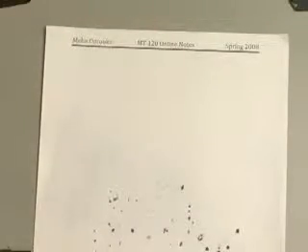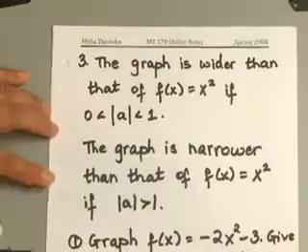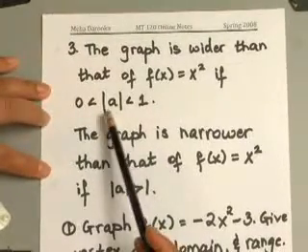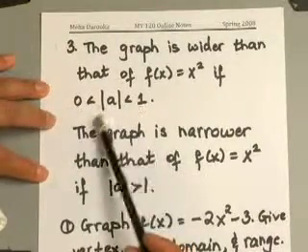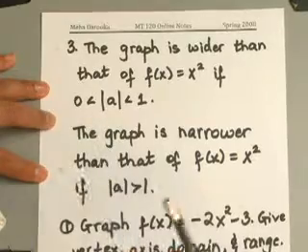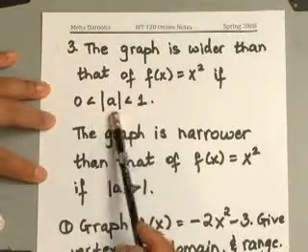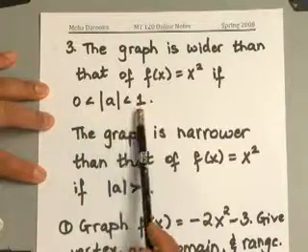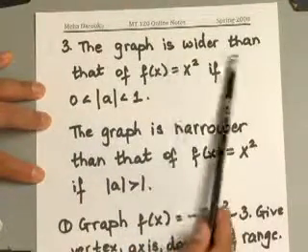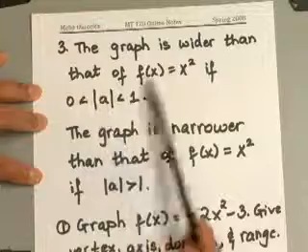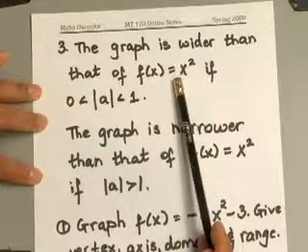And now for the shape of the parabola, it says if the value of a is between 0 and 1, and that's the absolute value, so even if a happens to be negative, you look at it in terms of the absolute value, it means that your graph is going to be wider than that of the x squared graph.